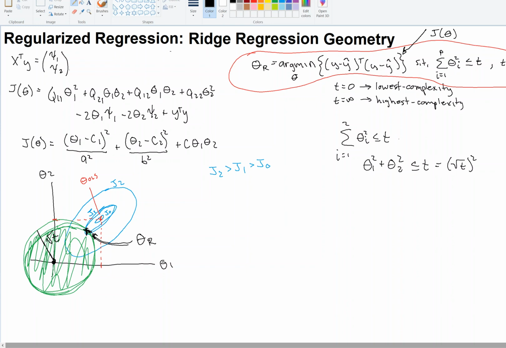And why are you not letting yourself get to the minimum? That's because that ordinary least squares has a model complexity that's large. We go further from home. That's a larger distance. And remember, the magnitude of theta was related to model complexity.